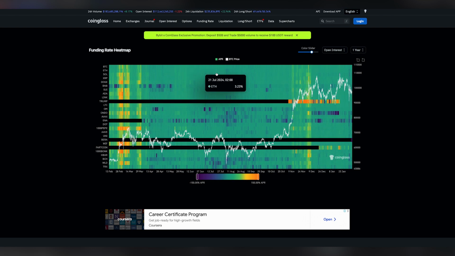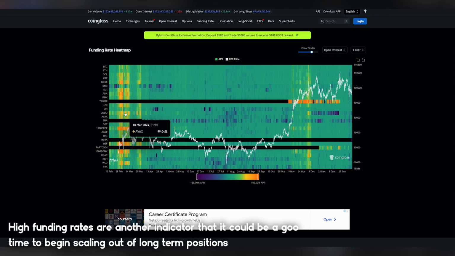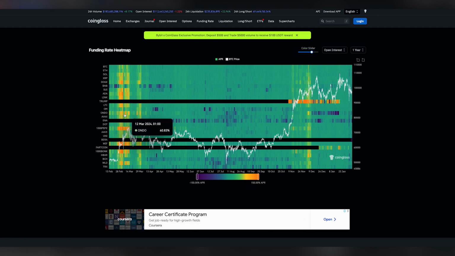We can clearly see from the heat map that funding for most assets was around 100, in many cases above 100, and this is an indicator for me that it is becoming less and less attractive to hold on to long positions, and that means that I can assume that many people will be closing long positions and will also be selling their spot. Anything above 100, in this case Pepe for instance was at 160, is a warning signal for me.